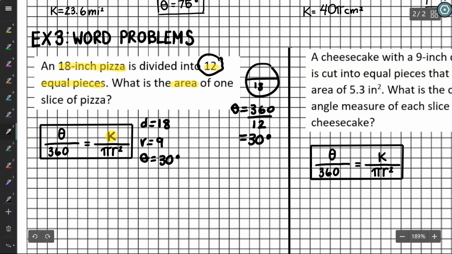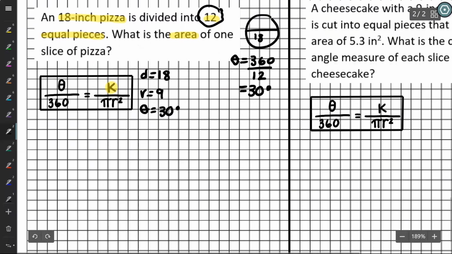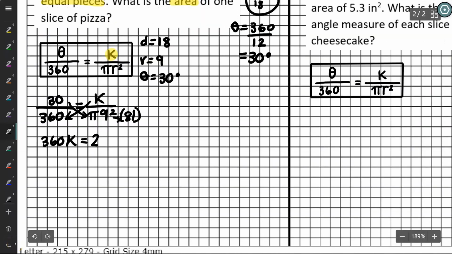So I have 30 over 360 equals K, which I'm solving for, over pi 9 squared. We're going to cross multiply. So I have 360K equals 2340 pi, because I still have my pi attached.